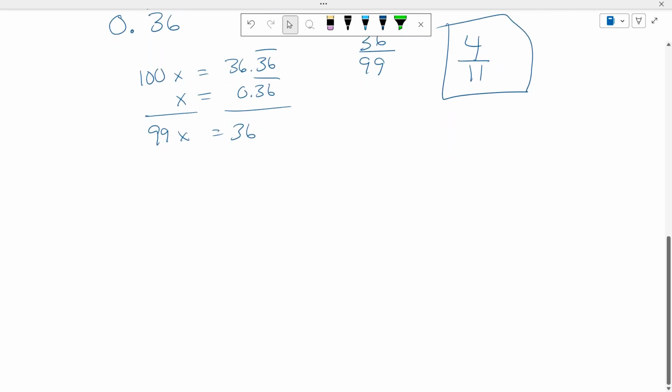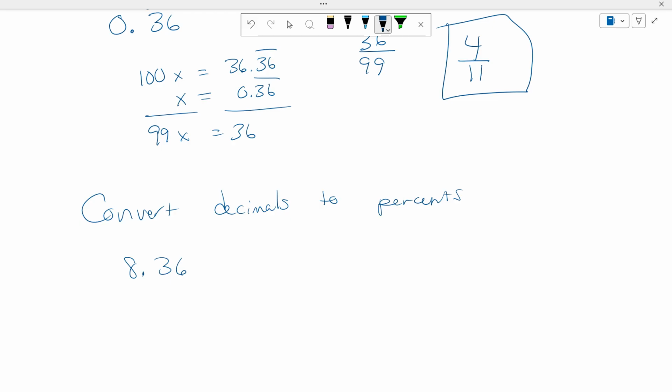The next thing we're going to do is convert decimals to percents. 8.36.